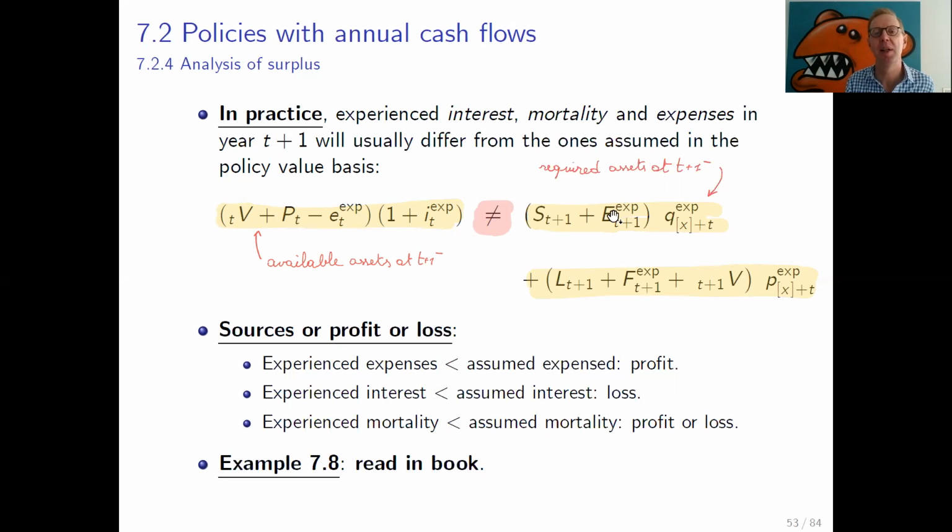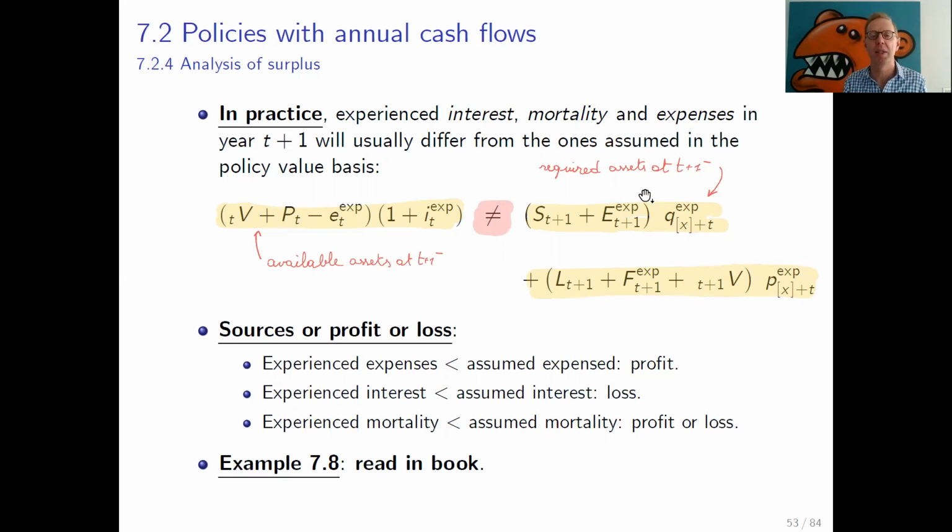What will be required? For all the people who died, and this is the experienced mortality in the year t to t+1, we need S_{t+1} plus an expense, and this expense can be different from the one we assumed. For all the people who survive, and this is the experienced survival probability, we need to pay them L_{t+1}, that is fixed, but there is an expense F_{t+1}, which could be different from the one we assumed, and we have to set up the policy value.